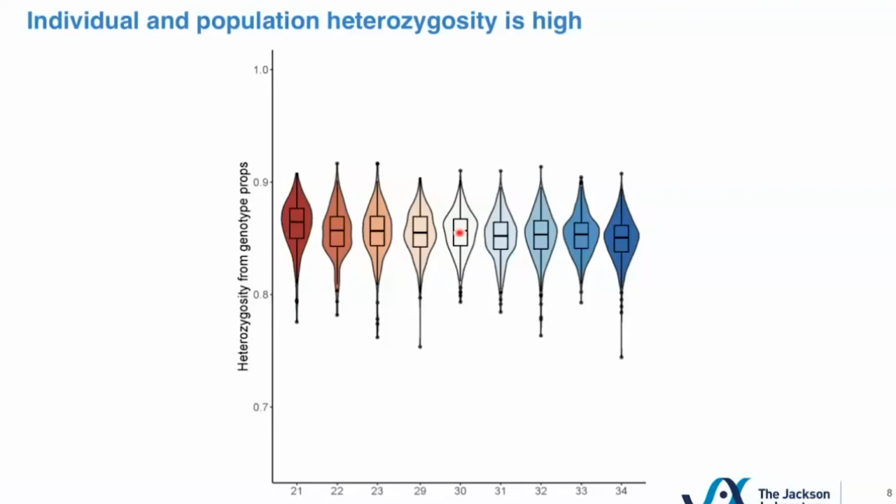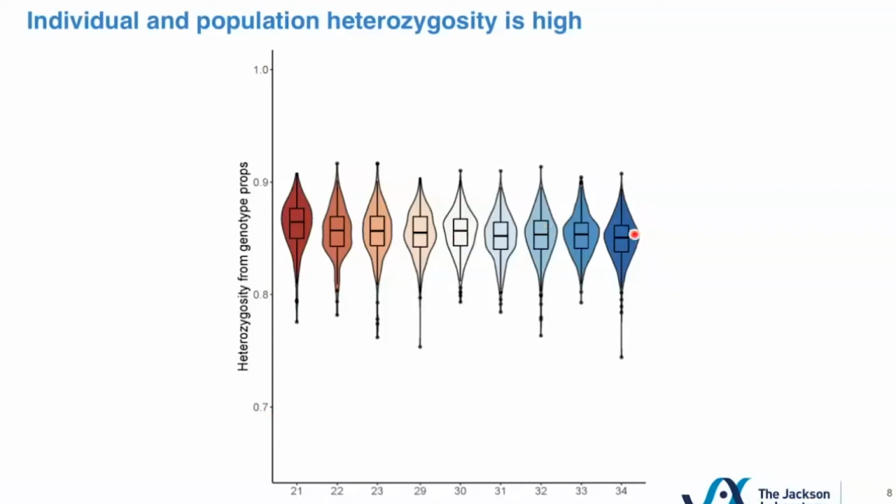That heterozygosity has gone down a little bit over time, but it's not anything very meaningful, because our heterozygosity is still really high within individuals and within the population as a total. If you look at this y-axis here, we're talking 85% heterozygosity. So we've lost a little bit over the generations, which isn't unexpected.